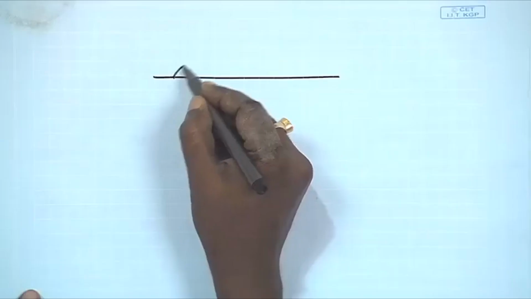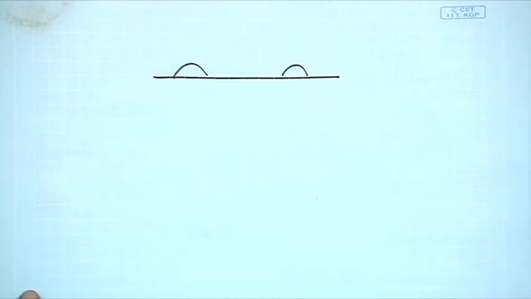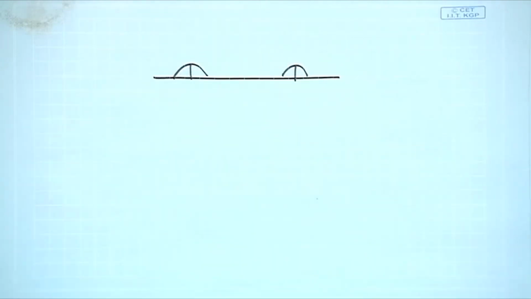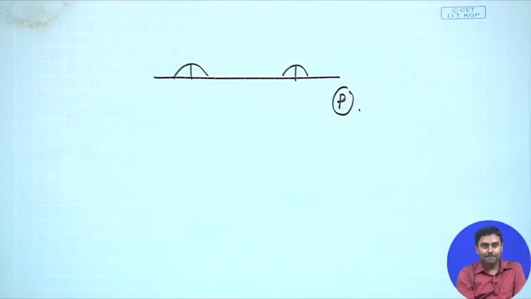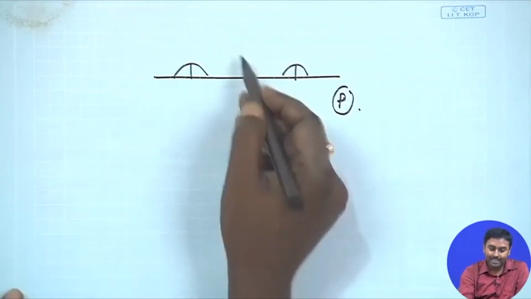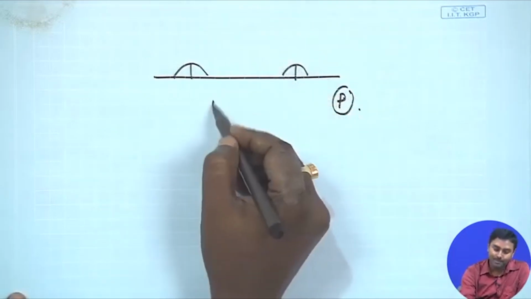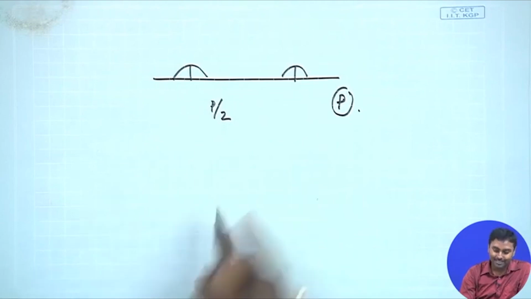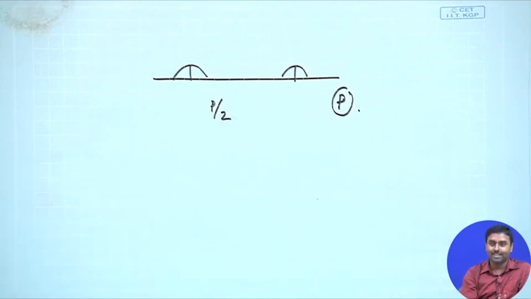If you just think about the filtering method, your DSB will look like this, and then as if half the power will be transmitted. What we have seen is that SSB transmits exactly P power, whereas if you calculate it this way, you will think that this is already DSB, so it must be P by 2, and you are transmitting half of that power, so it should be P by 4. That is not the case.